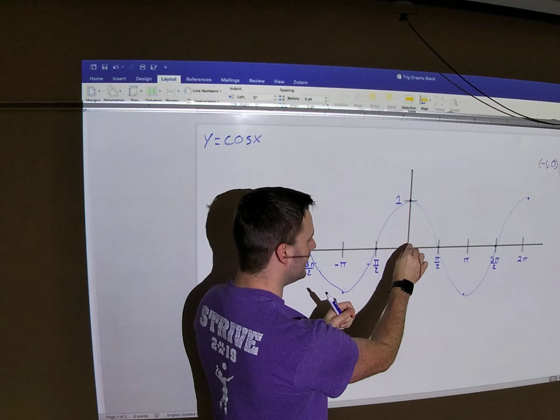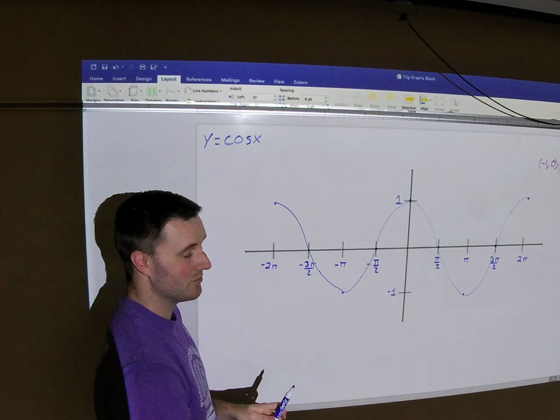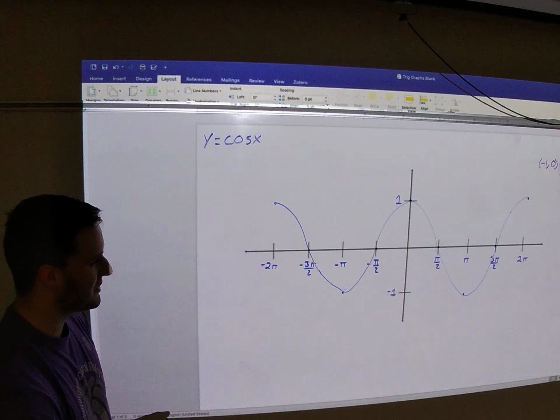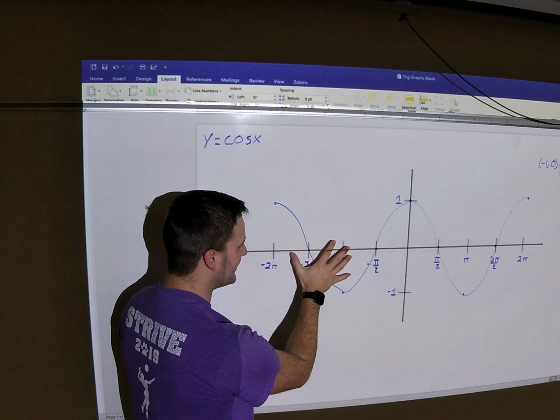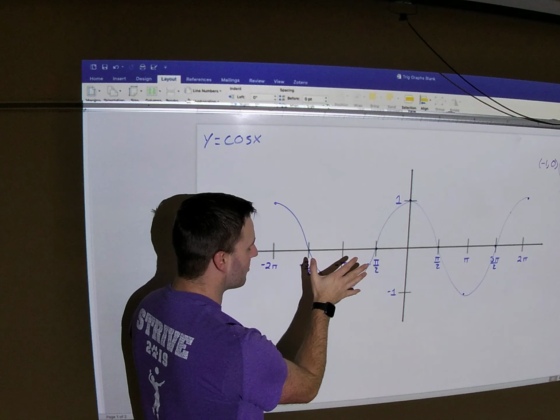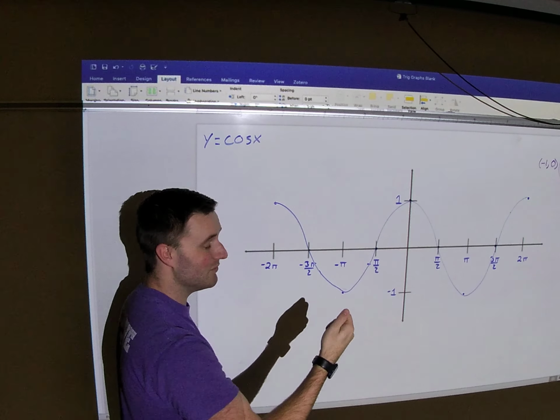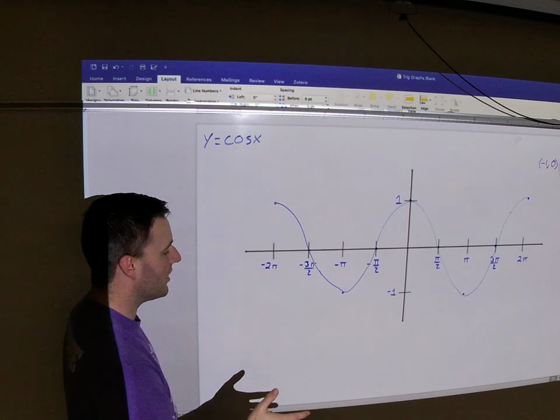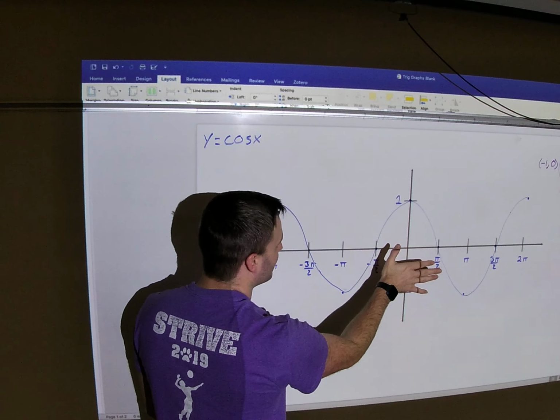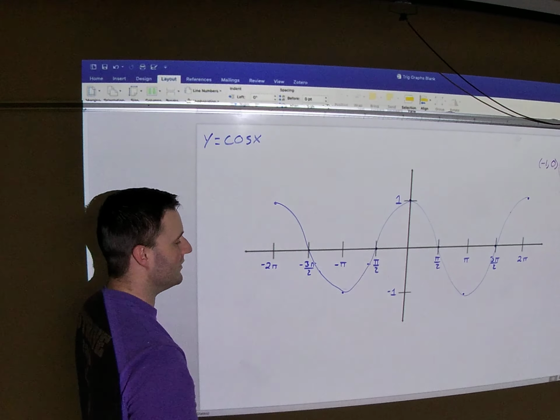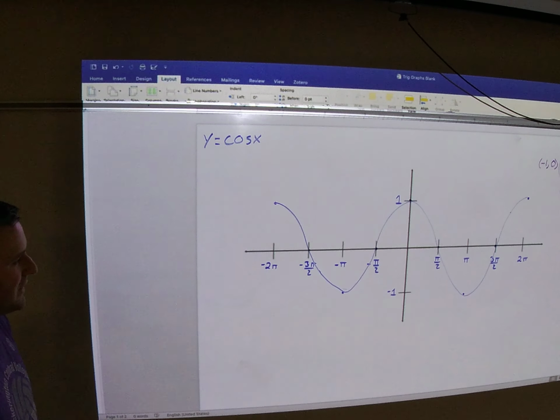Notice how this dot would be right here at the origin, which is where your sine function starts. So your cosine function is just shifted to the right one tick mark, and that would give you your sine function. Or we could say our sine function, if we lifted it off and shifted it left one tick mark, would be the cosine function. So they're very, very similar to each other.